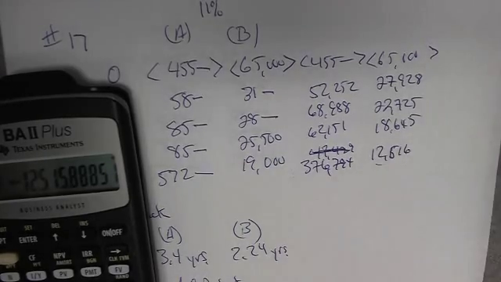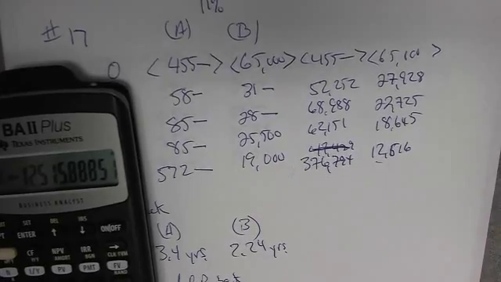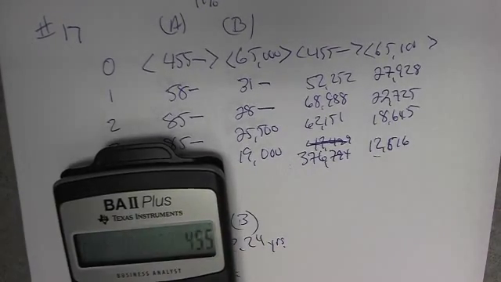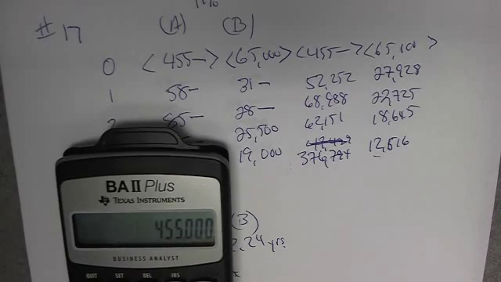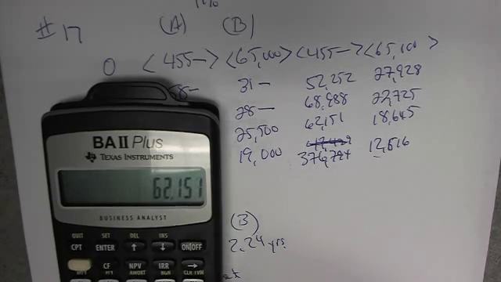Okay. So now what we need to do is calculate the payback, right? So let's start with 455,000, and we're going to subtract out 52,252 and 68,988 and 62,151, and we still have 271 left.